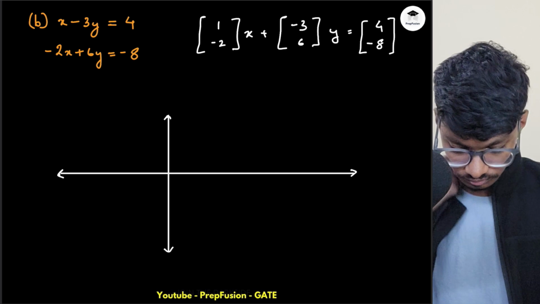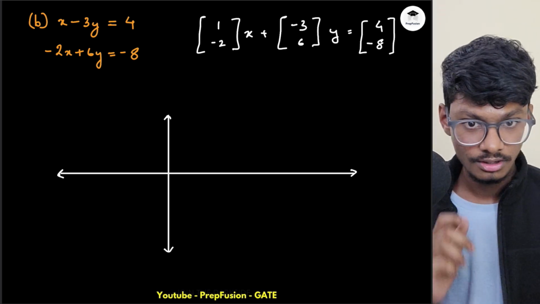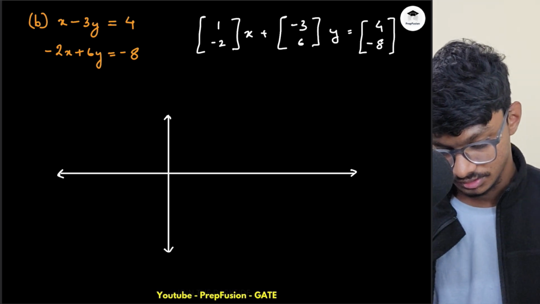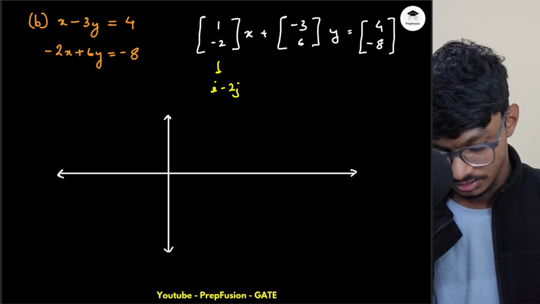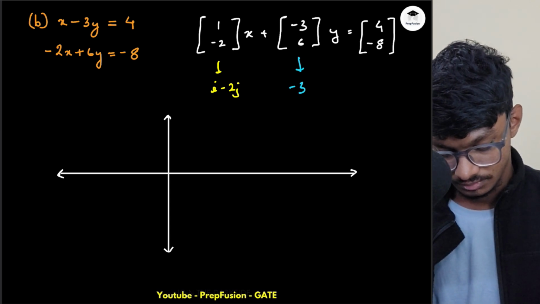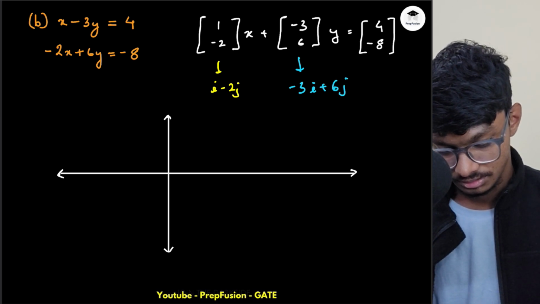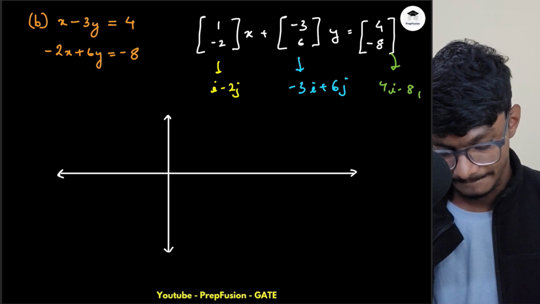So now what next? Here again let me draw the vectors. This is i minus 2j, this is minus 3i plus 6j, and this is 4i minus 8j.